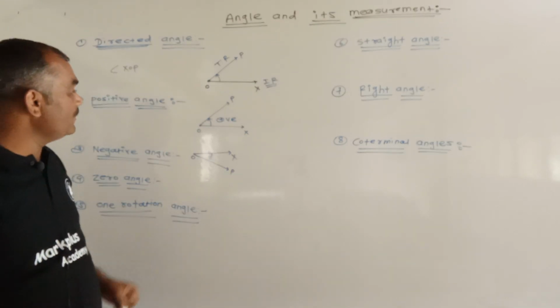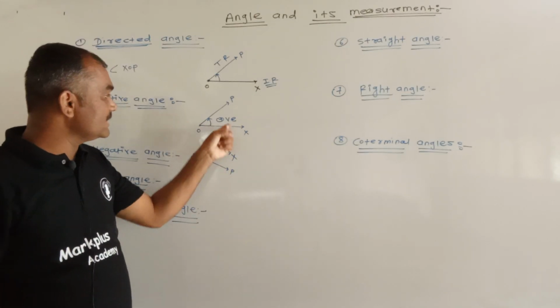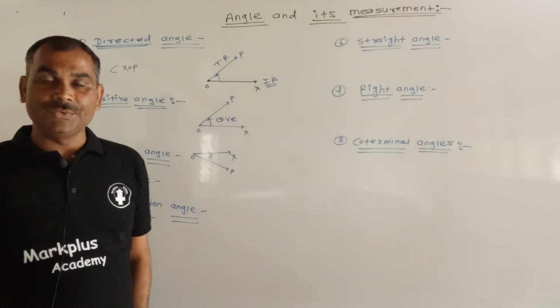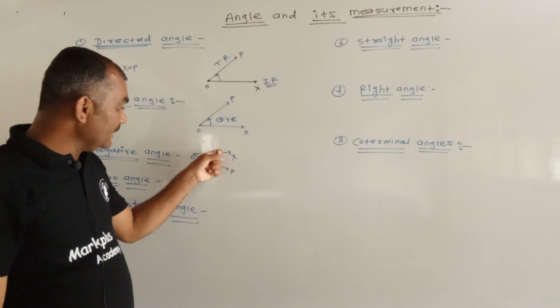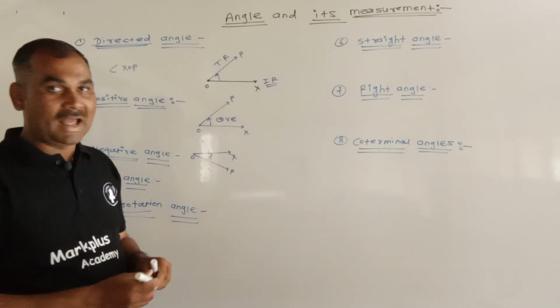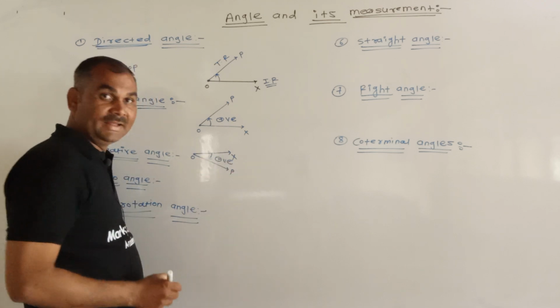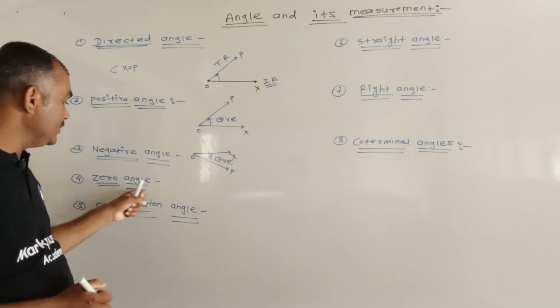The most important thing here is: if we rotate this OX in an anti-clockwise direction, we get a positive angle, and if we rotate this ray in a clockwise direction, then the angle is negative.